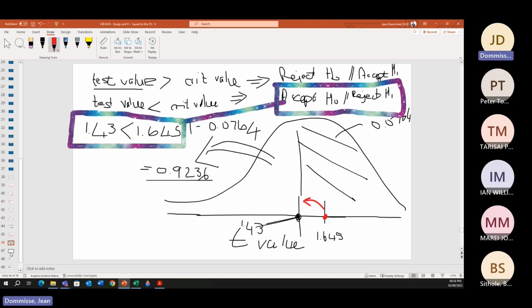Okay, and that is the end of study unit 9. But I think what we will do is next week we'll do a recap of your assignment 3. Then I think, before we start with study unit 10, even if it is next week or the week after, we need to do a recap of hypothesis testing as well.